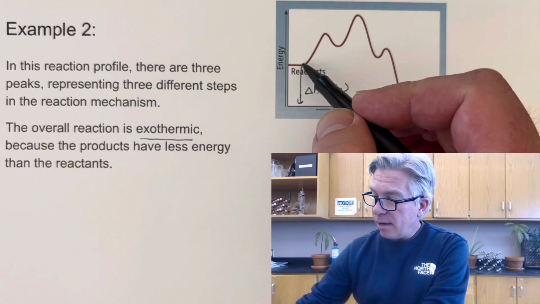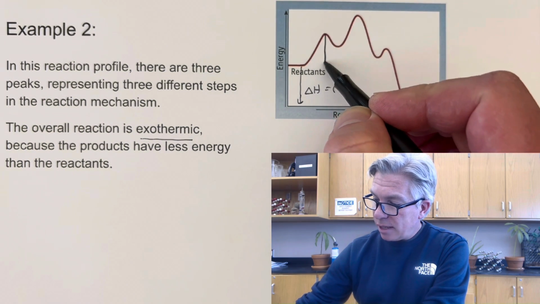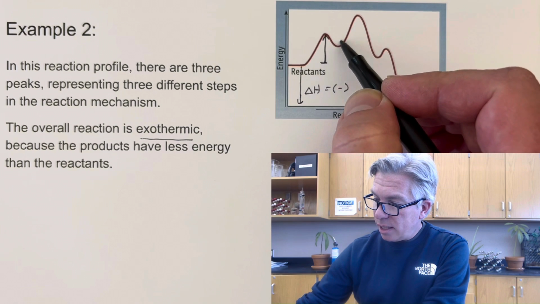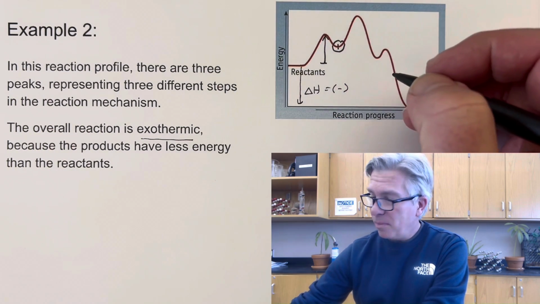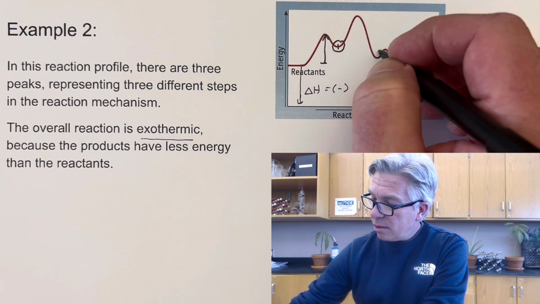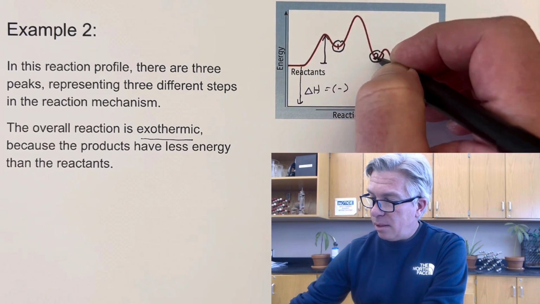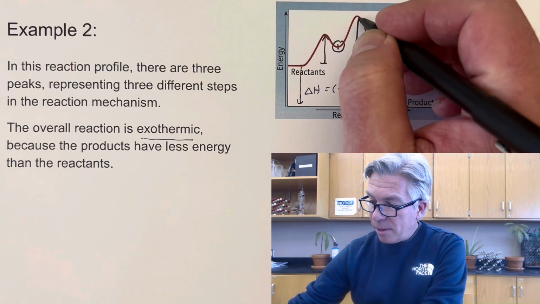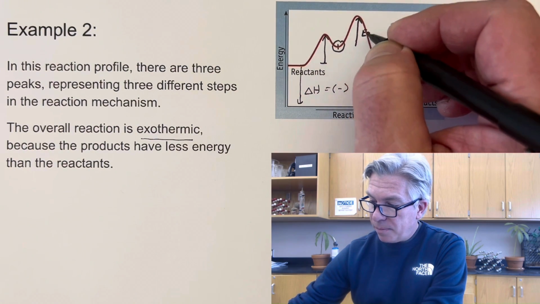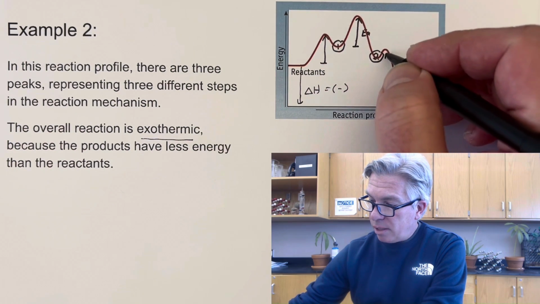But the molecules have to have a first activation energy in order to get to the first reaction intermediate. And then we have another reaction intermediate right in there. We have a couple of activation energies. Each step has its own activation energy. This last one being nice and small.